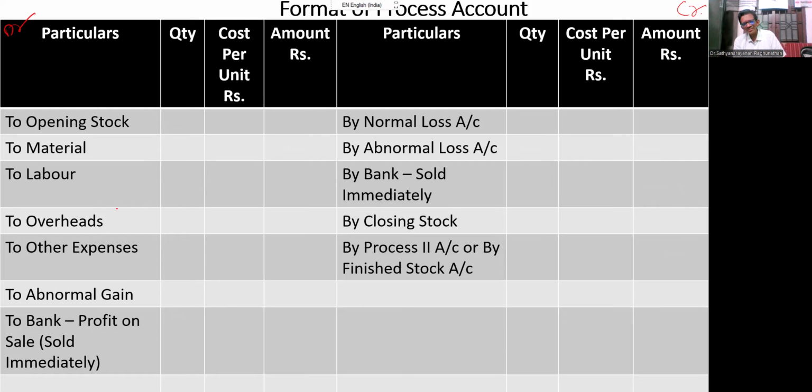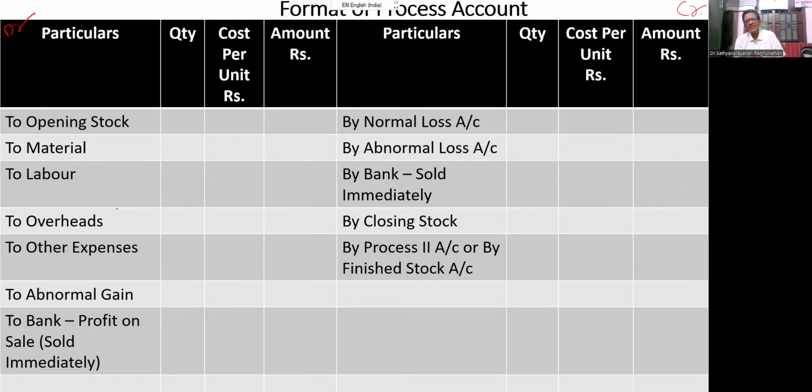If any theft, or if anything unexpected happens, if any fire accident takes place, these are all examples for abnormal loss. On a routine basis, these losses may not occur in any organization. Unexpectedly only these losses may occur. That is what is called abnormal losses.